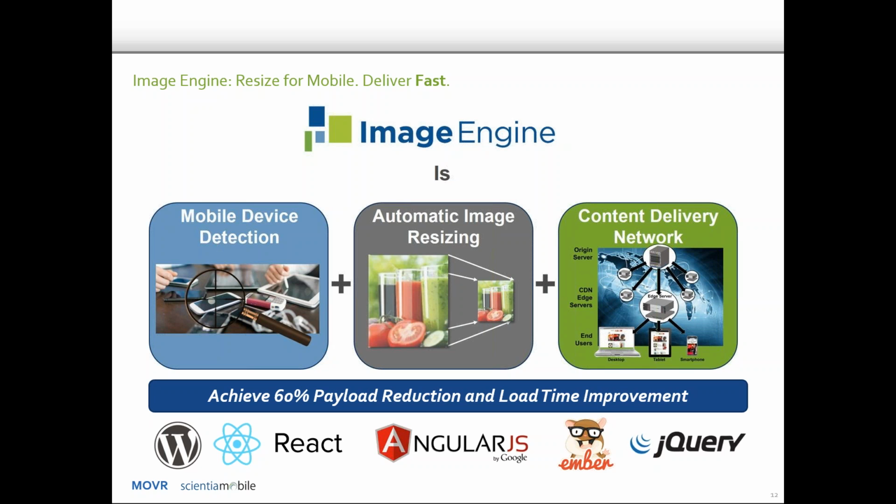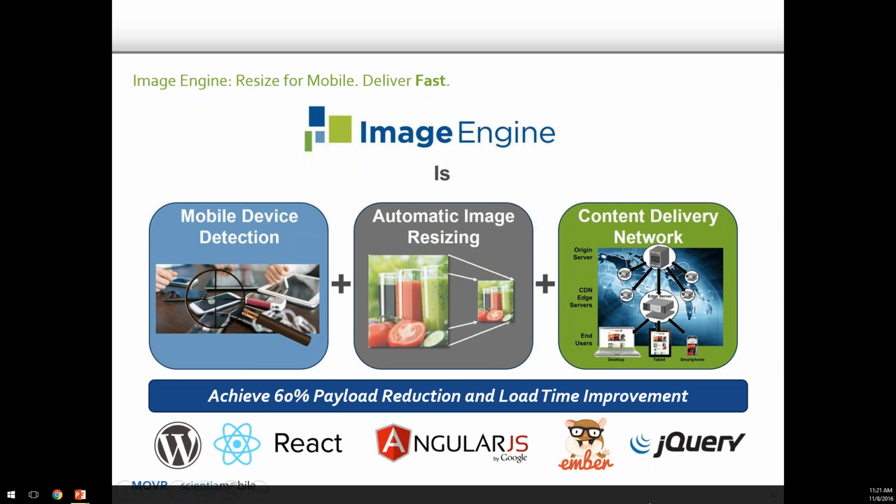So we have nodes and edge servers all over the world to speed up the delivery of already cached and resized images. It has about a 60% reduction in the payload and load times, and we support WordPress and multiple JavaScript based frameworks like React, AngularJS, and Ember.